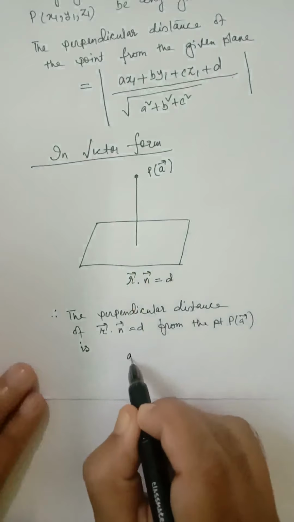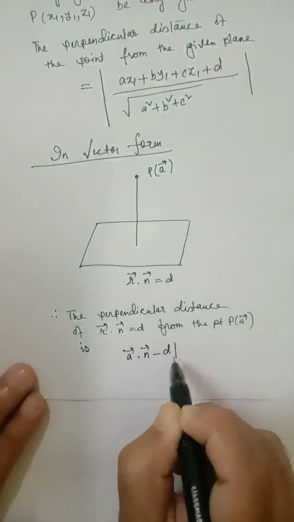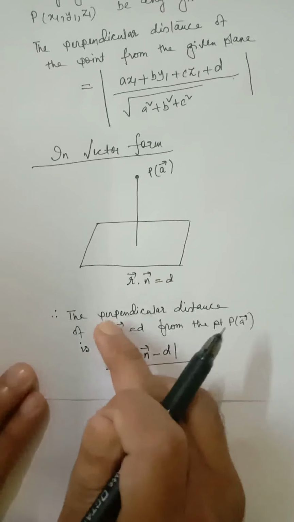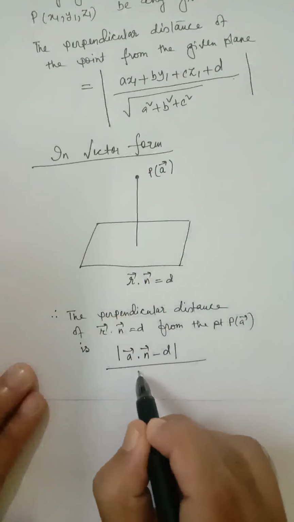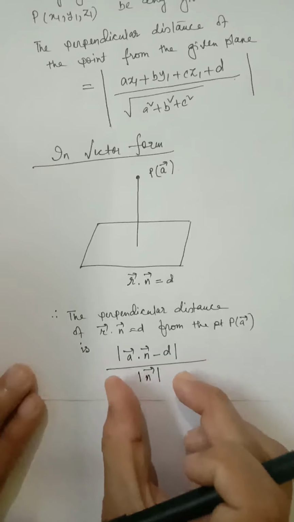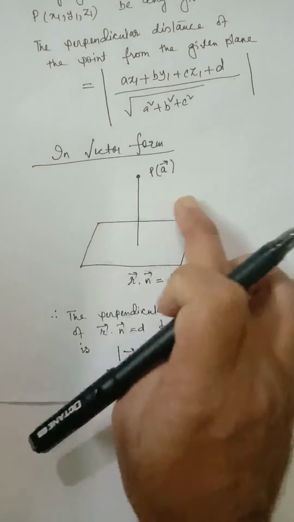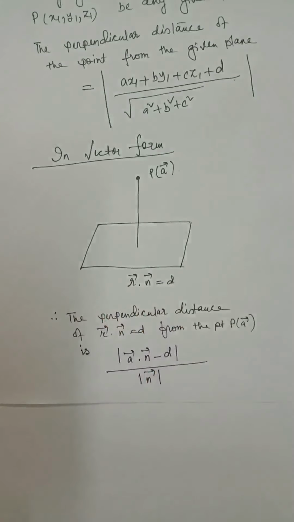It will be modulus of (a vector dot n vector minus d) divided by modulus of n vector. This is the vector form. This will give us the perpendicular distance of the point a vector from the plane r vector dot n vector is equal to d.